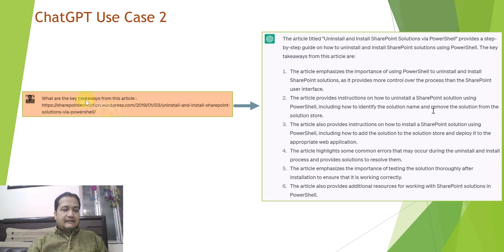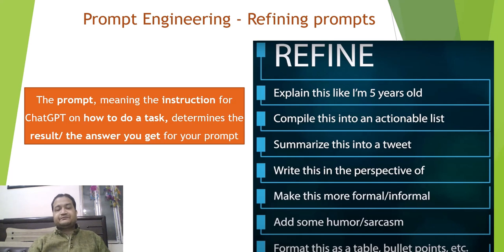Similarly, I asked what the key takeaways are from a particular article hosted on the internet, the sharepointeducation.wordpress.com article. It has given me the summary or the context of this particular article. This is the beauty of this AI, or generative AI technology.